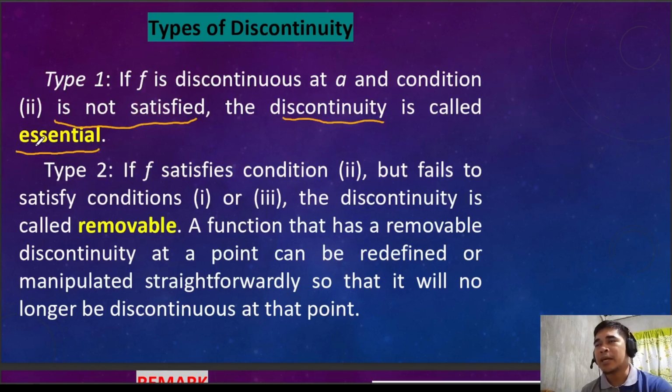So we have two types of discontinuity. The first one is essential. If condition number 2 is not satisfied, meaning condition number 2 failed, that is what we call essential.